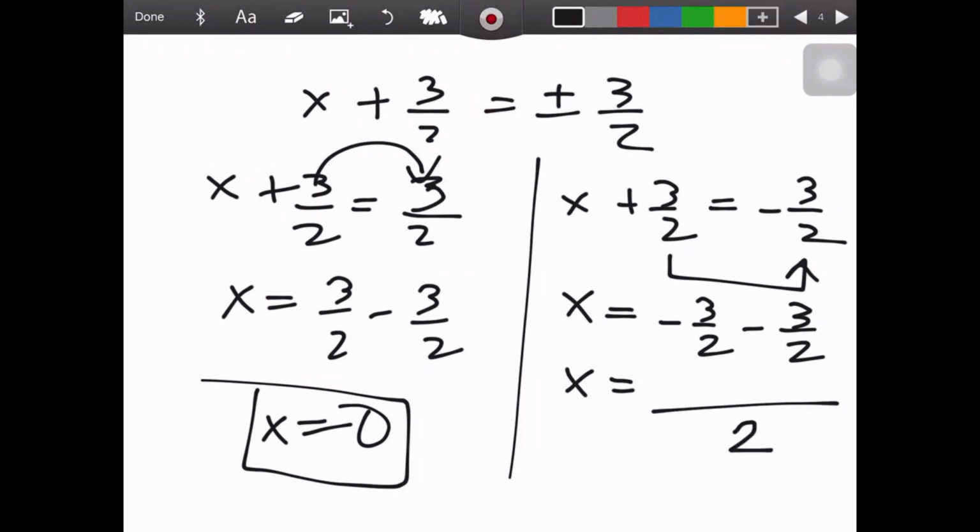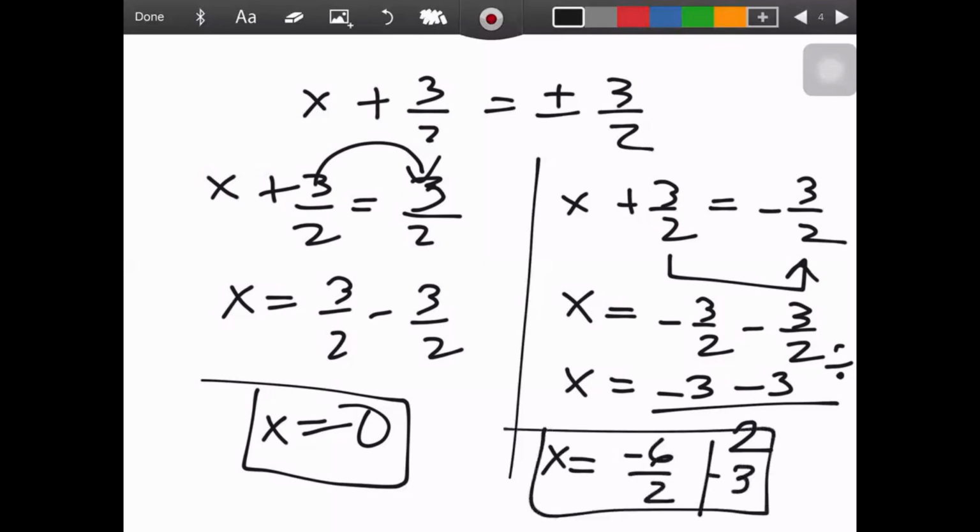For our numerator, we have 2 divided by 2, which is 1, then 1 multiplied to our negative 3. So the answer is negative 3. For the other one naman, 2 divided by 2 is 1 multiplied by 3, so we have negative 3. Therefore, x is equivalent to negative 3 minus 3, which is negative 6 over 2, or simply negative 3. Therefore, this is our final answer for this example.